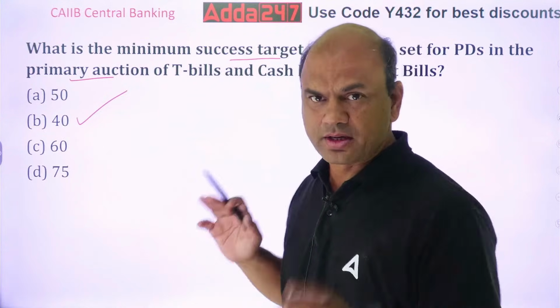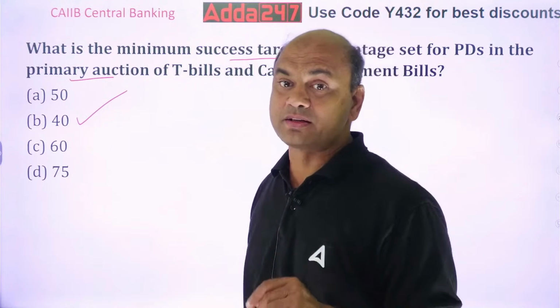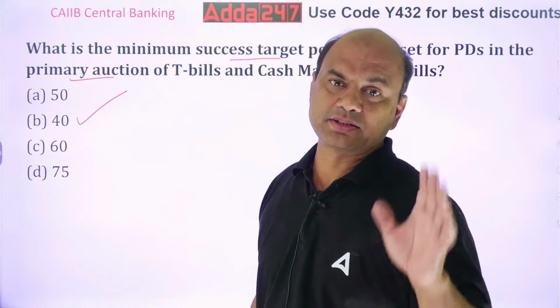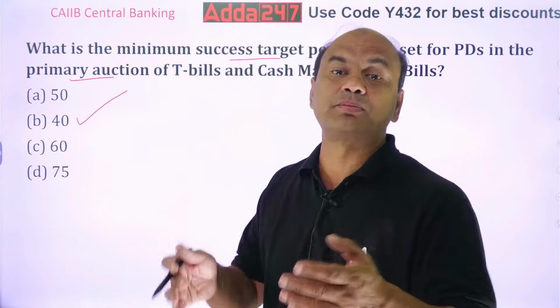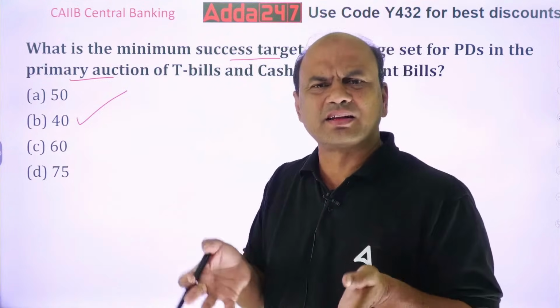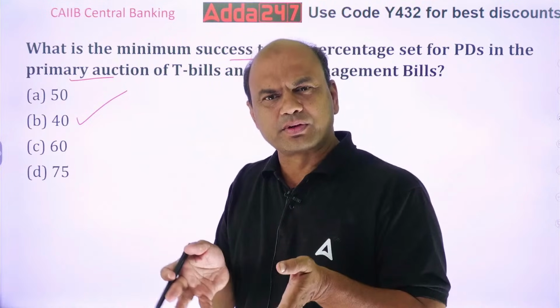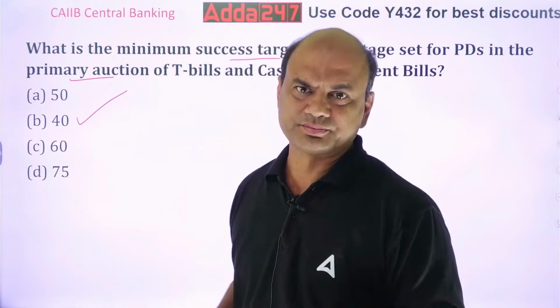Ultimately, these treasury bills and CMBs will be purchased by the banks and the financial institutions. The primary dealer is not the final person who will take it. He is like a dealer, a distributor in any business. He will take it from the government and sell it to these guys.